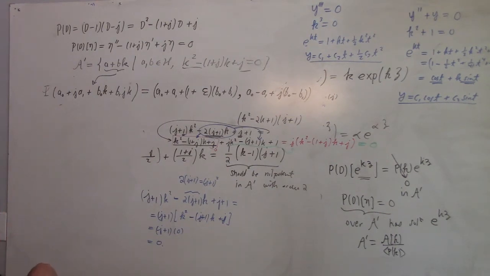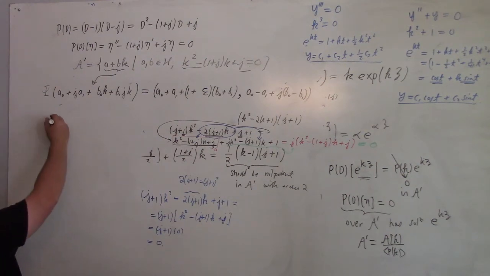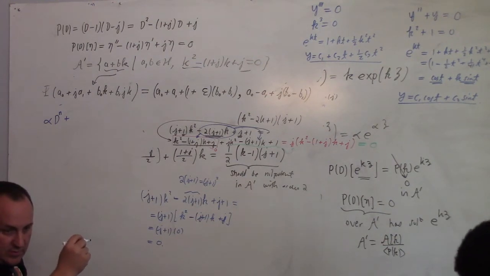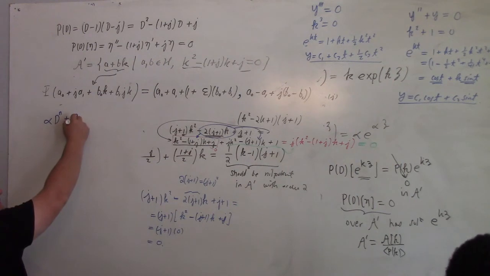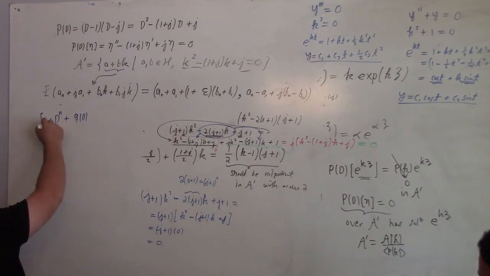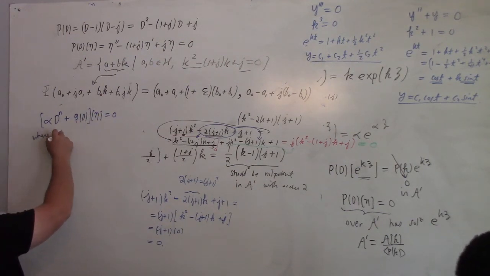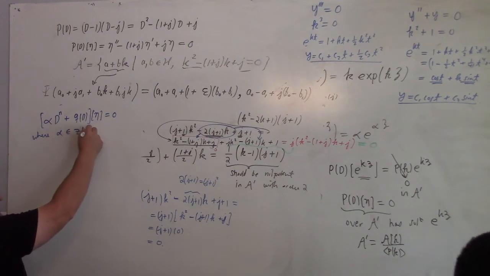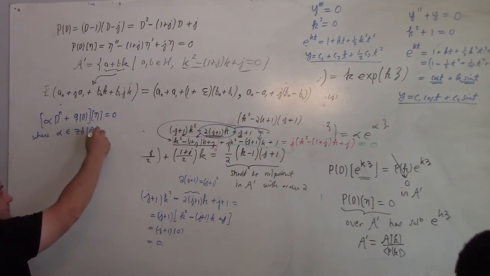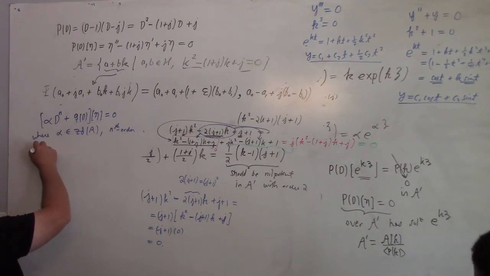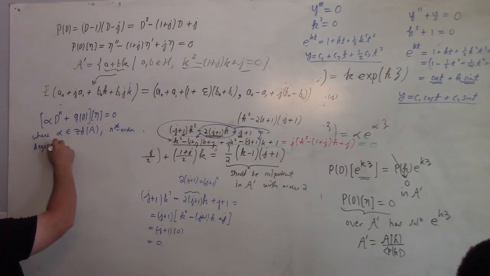Basically, a degenerate ODE has the form alpha D to the n plus Q of D, acting on eta, where alpha is an element of the zero divisors of A. This is what an nth order degenerate ODE looks like.